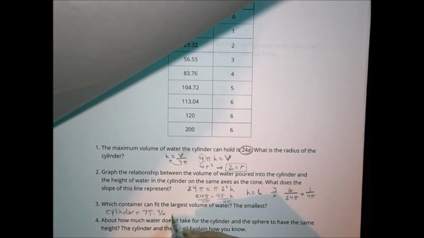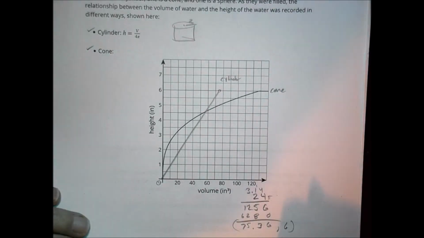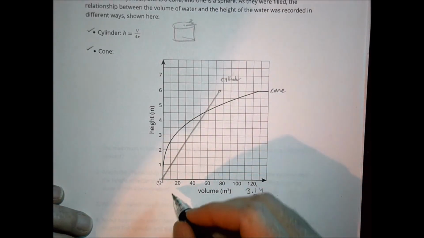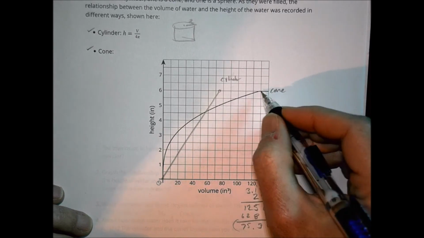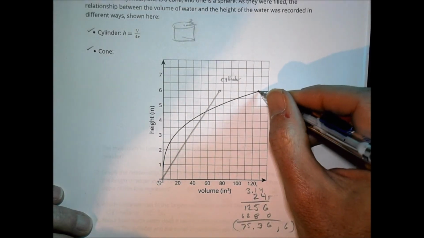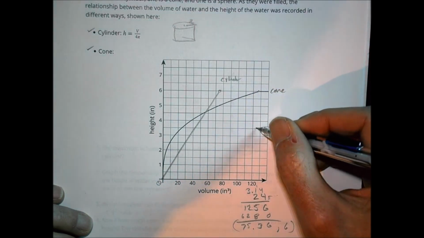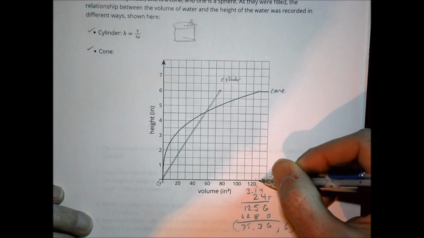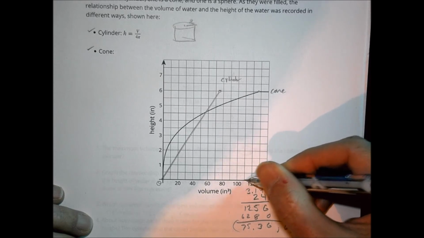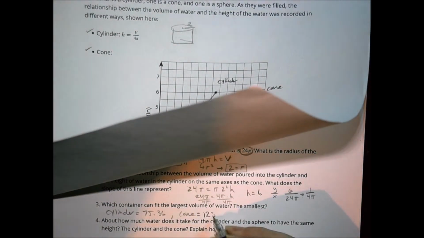For the cone, we take a look at the cone's amount here, how much it can hold. The cone goes up and it seems to stop right about here, which has a point. We're not really sure what that's going to be exactly, but the cone stops somewhere about here. If this is 110, this is 130, so somewhere between 120 and 130, so maybe 125. Again, just estimating that there.